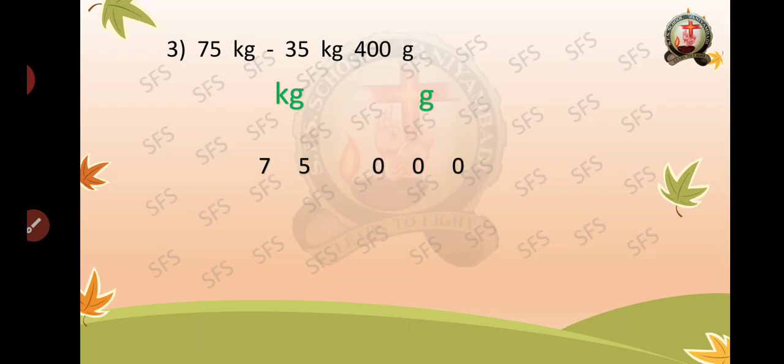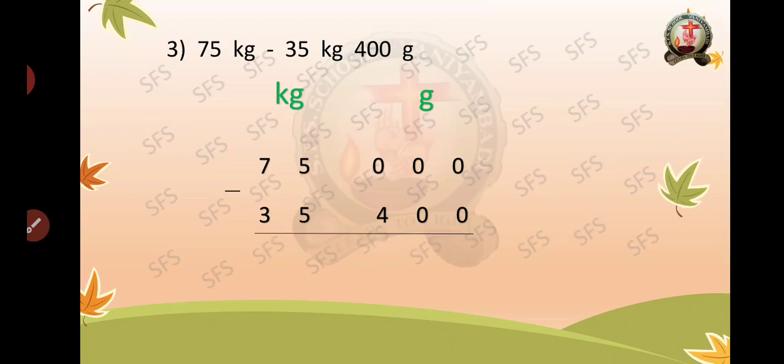Whereas in the second question they have mentioned grams, isn't it? So here if they have not given you the number, just place 0. So kg, second question 35, then 400 gram. For subtraction we have to use the minus sign. Now let us subtract, children.